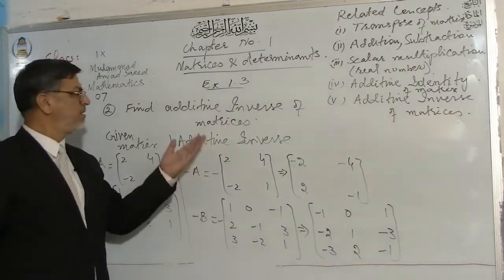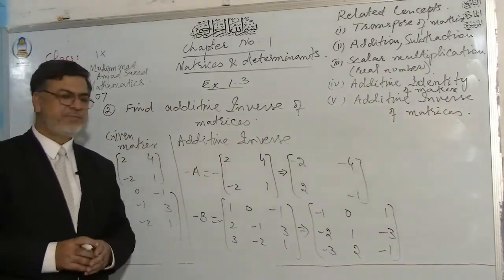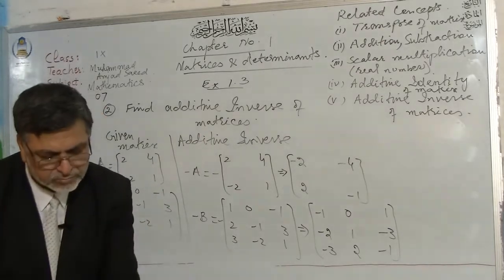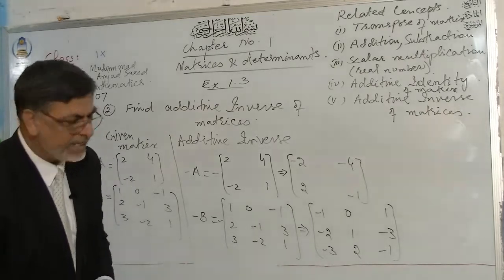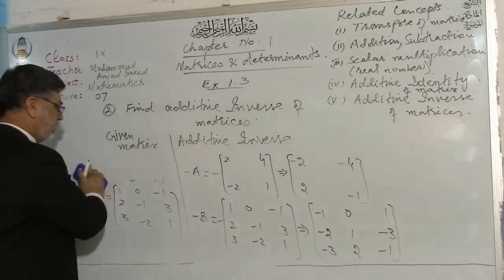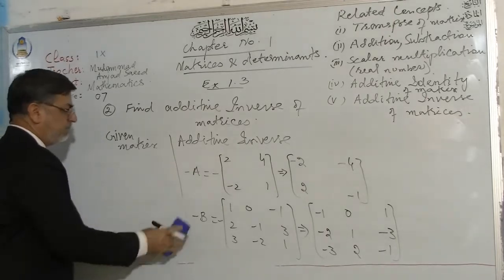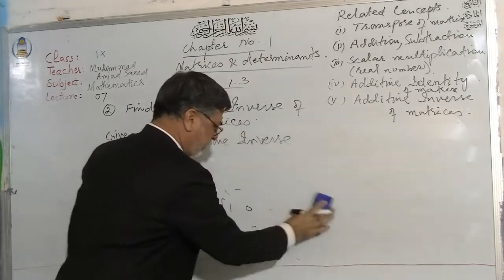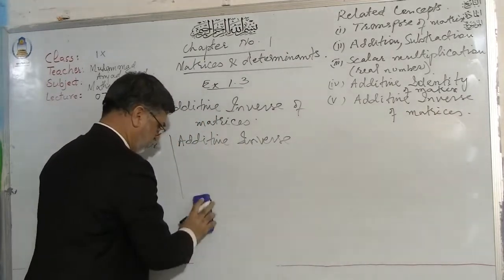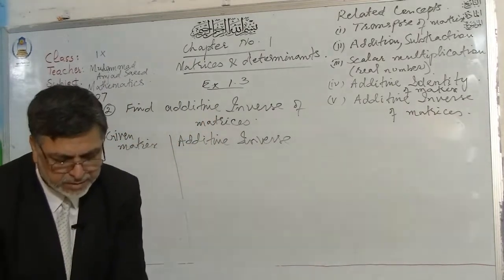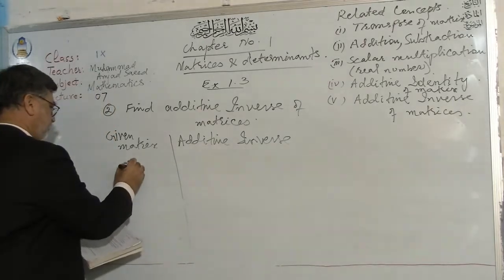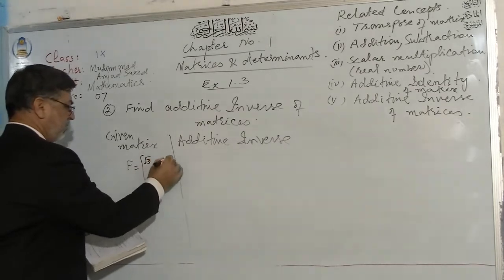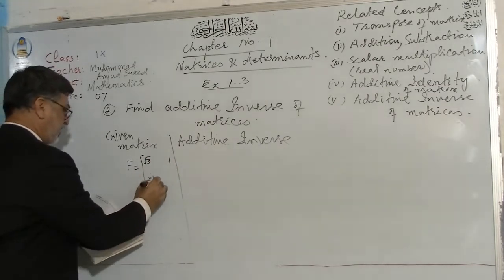Dear students, this was the idea of how to find the additive inverse of a matrix. Similarly, we can find the F part. I hope that the other parts you can do by yourself. Here in F, 3 under root 1 minus 1 and 2 under root.